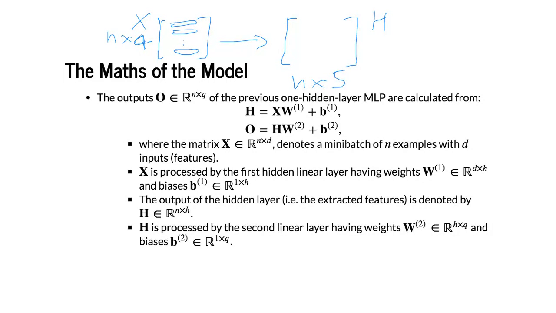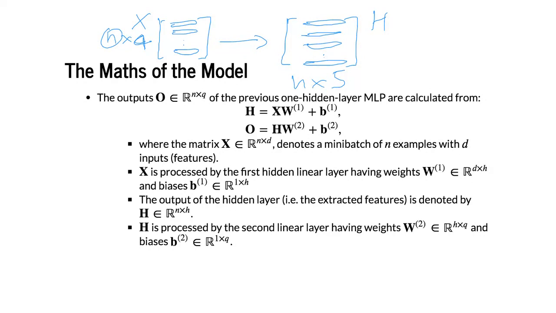So always H will have as many rows as X. So if we are processing n examples, then we must get n examples. So if the input to any layer has n examples, then the output of this layer must also have n examples, right? So H will be a matrix with as many rows as X, so it will have n rows.